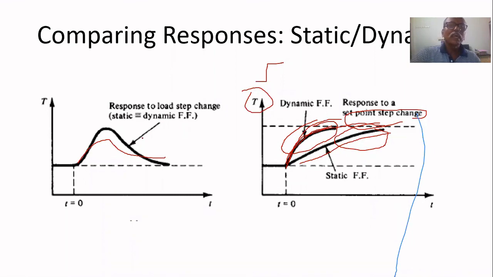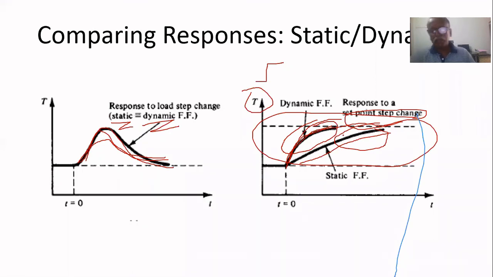For the disturbance, both are one over the other, so it appears as a single curve. Both static and dynamic, which I didn't mention in the previous presentation, are identical. There is no difference in rejecting that load. But in the servo response, the dynamic controller definitely gives a better response.